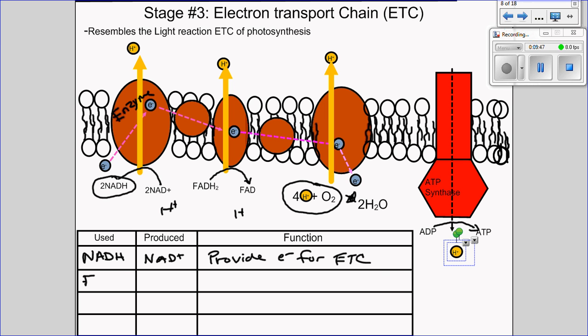Okay, you have your FADH2 going to FAD, and what that does again is it provides energy for the ETC. Then you have your oxygen. Your oxygen is used in addition to your H plus ions to create your H2O, which is then excreted by the body.